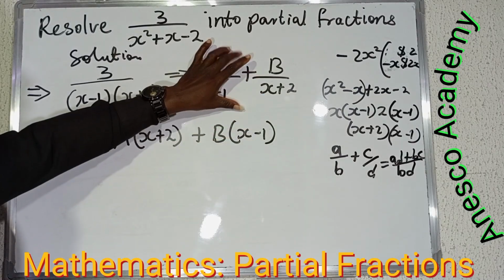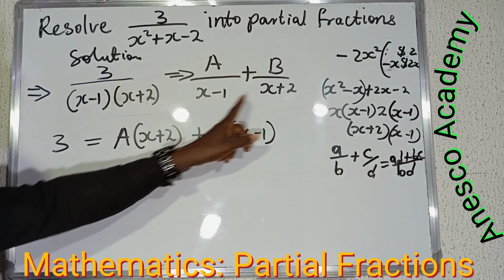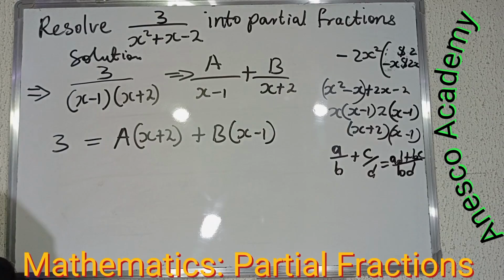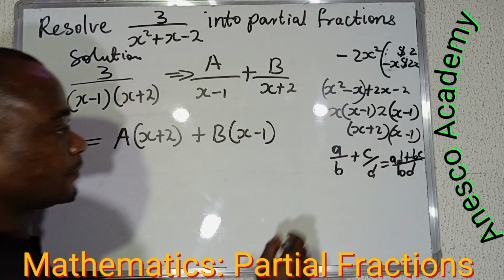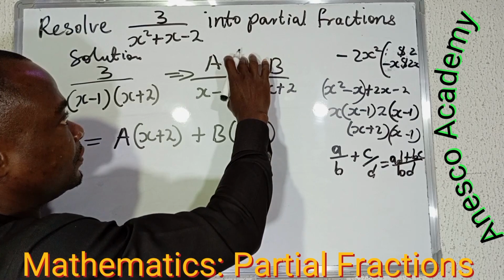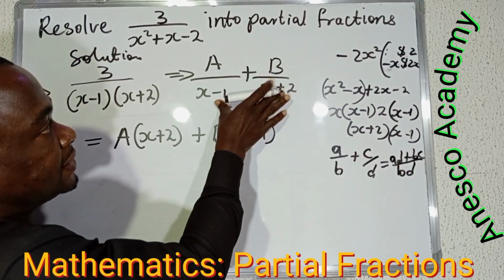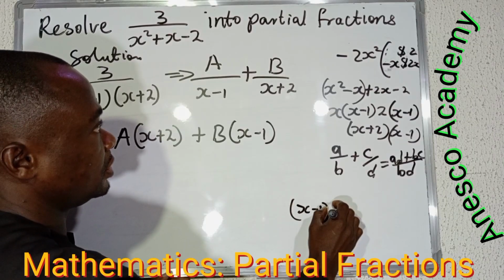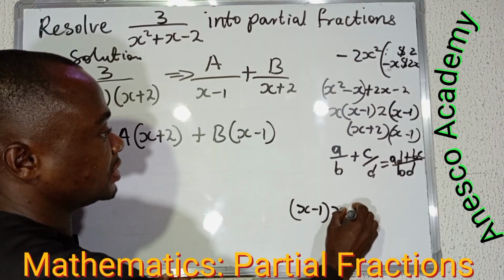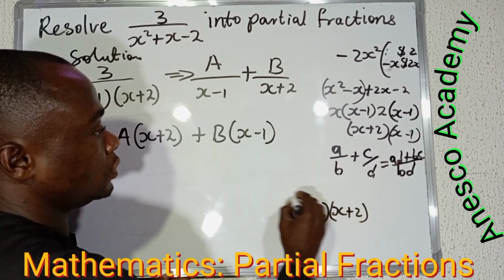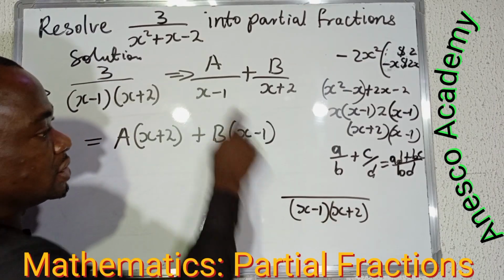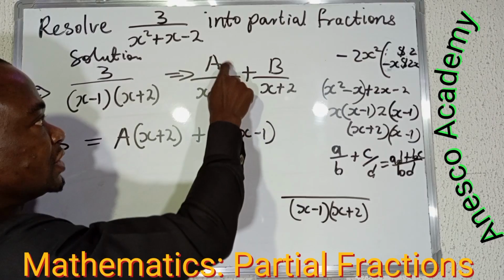If you resolve this side, the numerator will be this times this. Let me just explain that so you understand what I mean. Assuming that I want to add these fractions, the denominator will be x minus 1, x plus 2. If I divide this with this, it will give me x plus 2, and I will use it to multiply a.